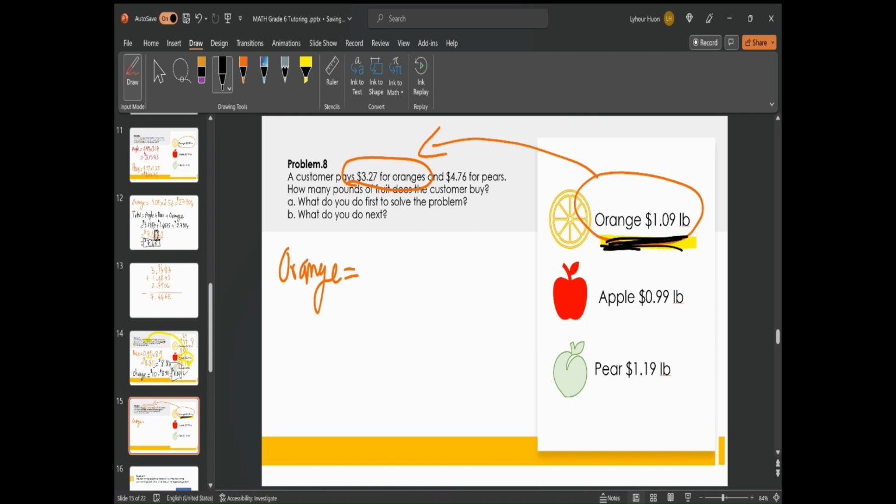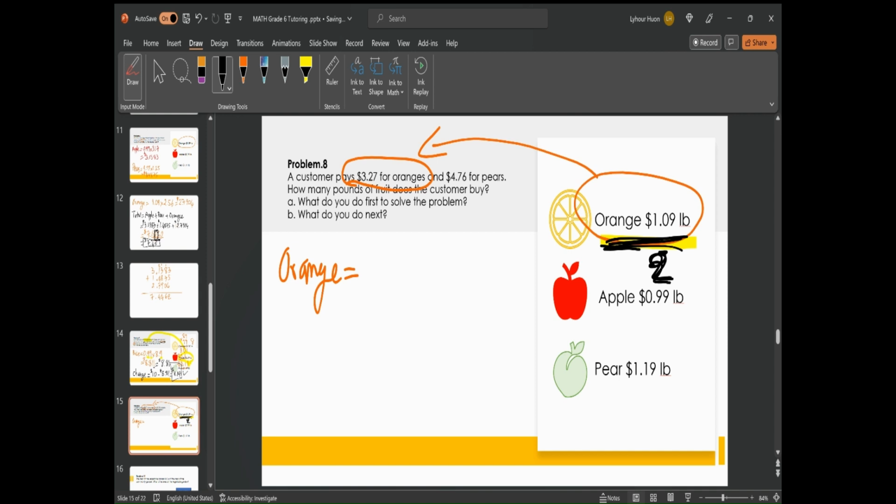What if the orange is $2? It will be definitely different. If we multiply by two, the number will increase, right? $3 multiplied by two will be $6. But if we divide by two, it will be one half.